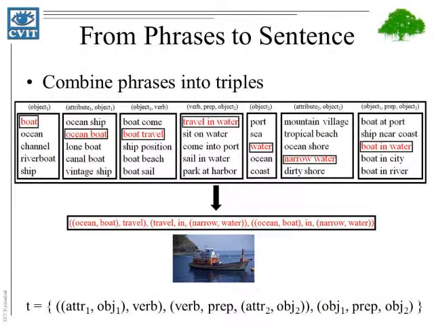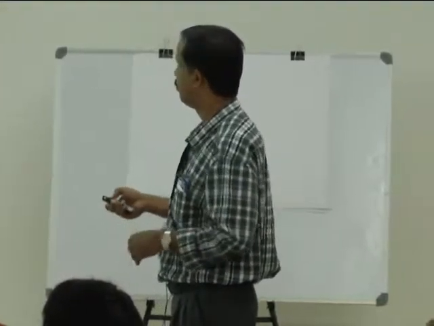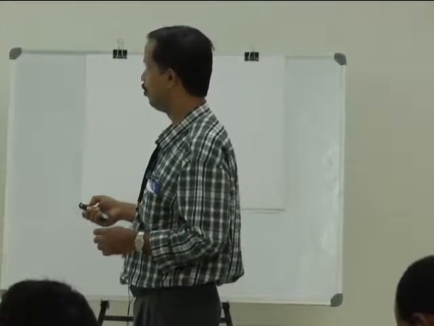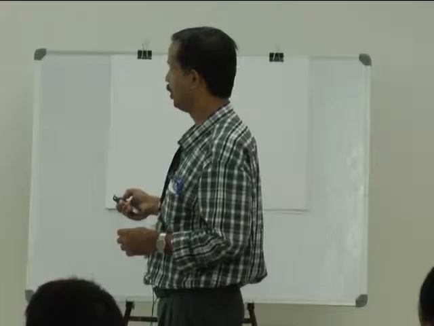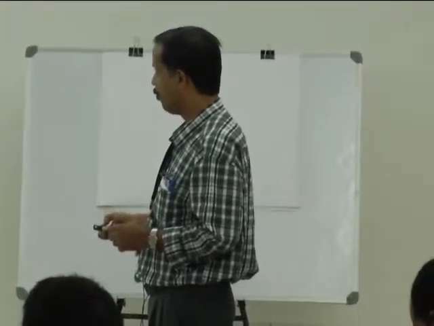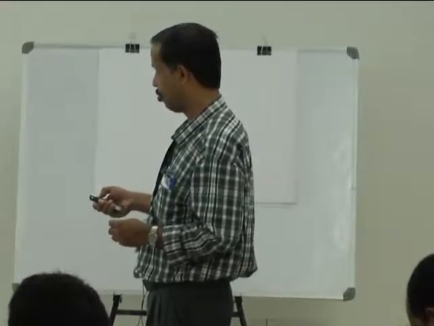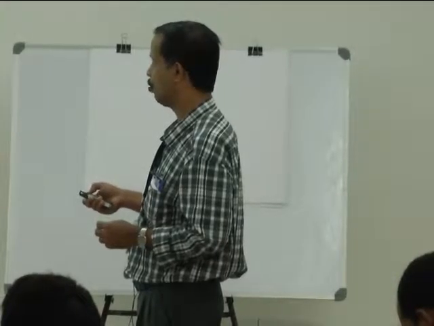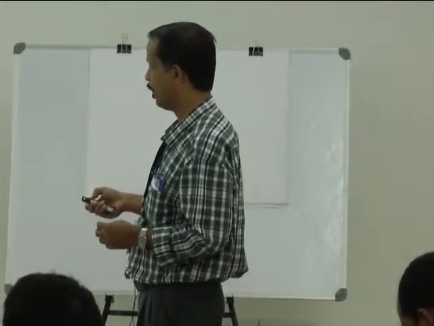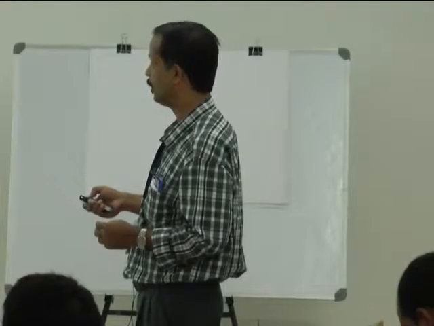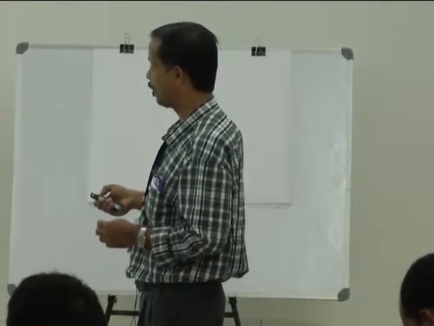So as a last step, we have the phrases, and from the phrases we find the best combination. We also know that these combinations can come together. So there's a boat, and then ocean boat is the one that should go together. Then boat travel and travel in water should go more together.